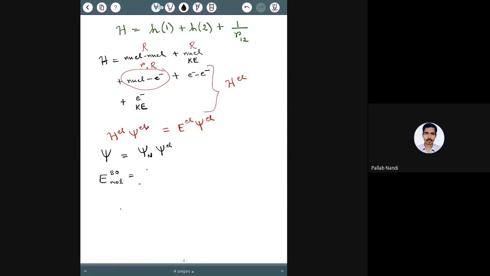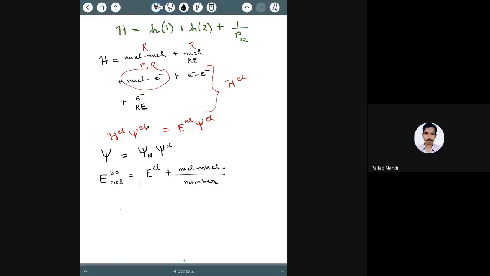So the Born-Oppenheimer approximate energy for the molecule is equal to E electronic that you obtain from the electronic Schrodinger equation plus the nucleus repulsion. This is just a number that you add to the energy that you obtain by solving the electronic Schrodinger equation. And so now we are focusing on H electronic.